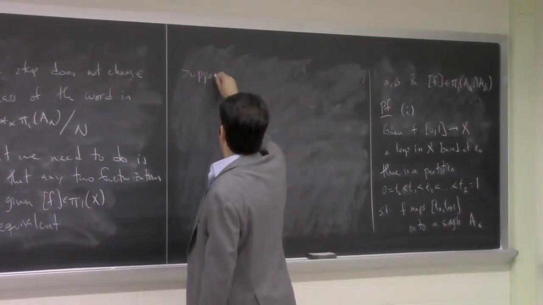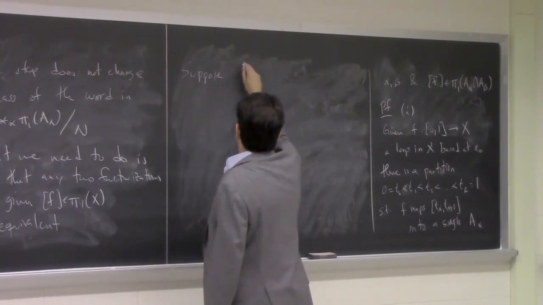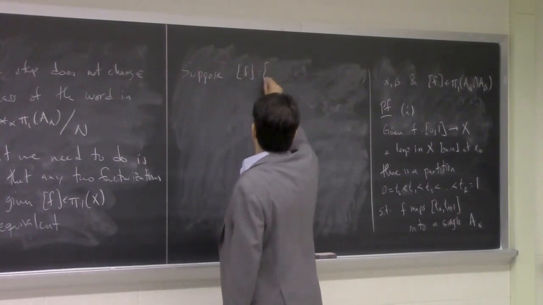OK, so suppose that a given f has two factorizations.